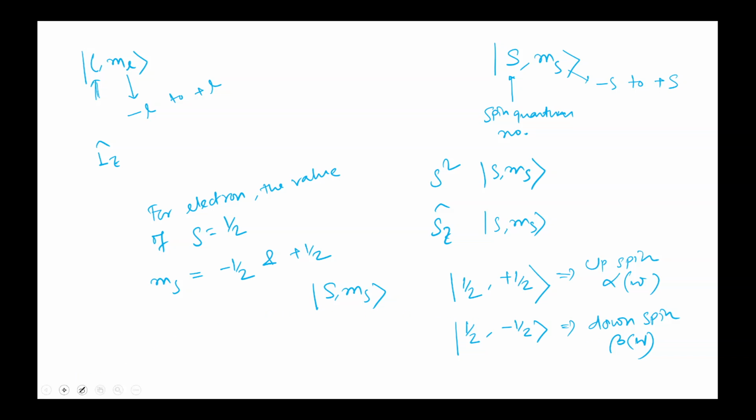Now, just like the azimuthal quantum number, the spin quantum number also follows the same rule. What do I mean by that? So s square and sz are operators, right?